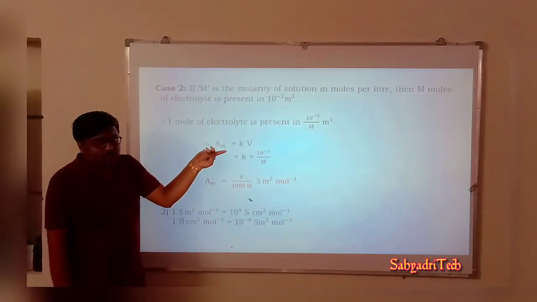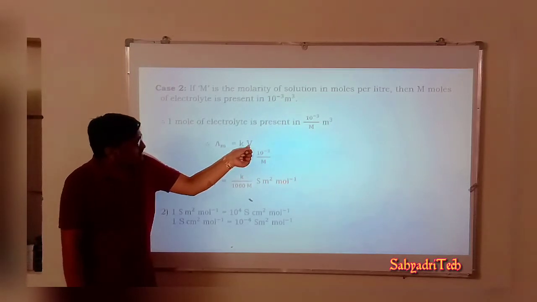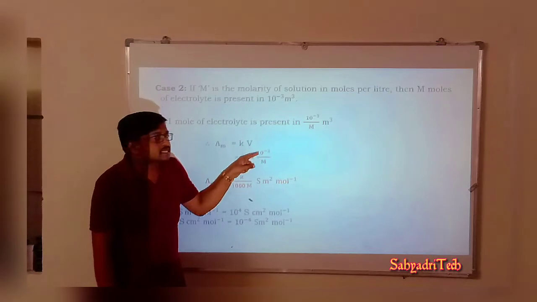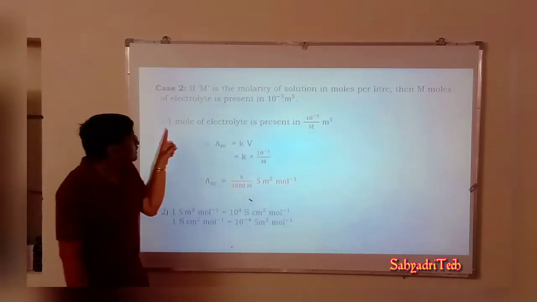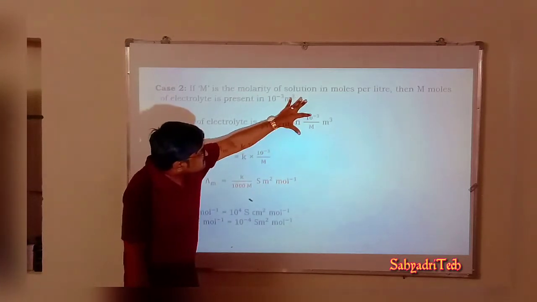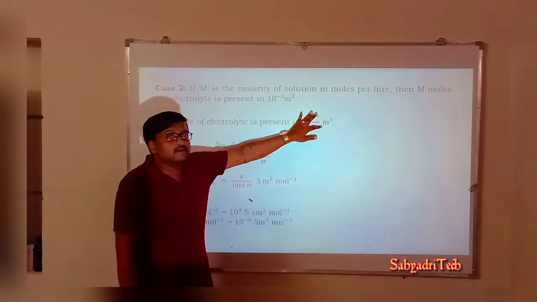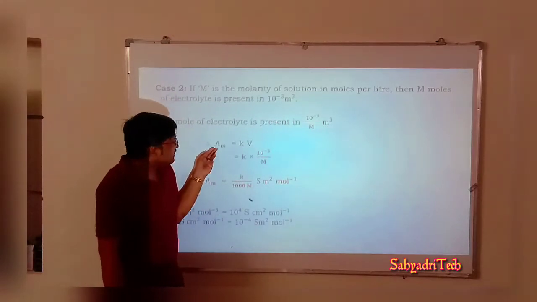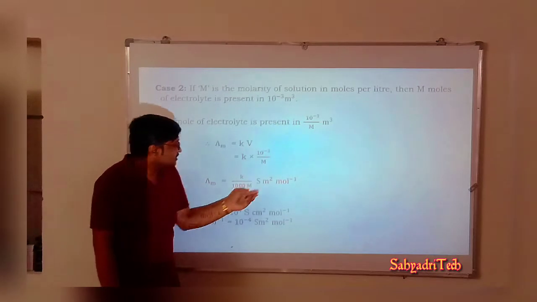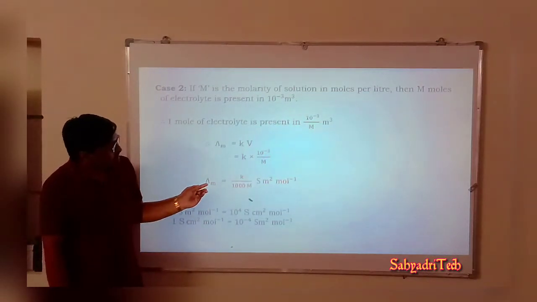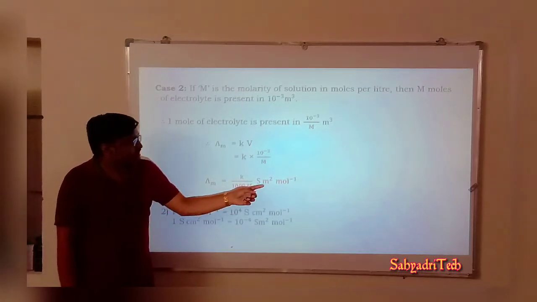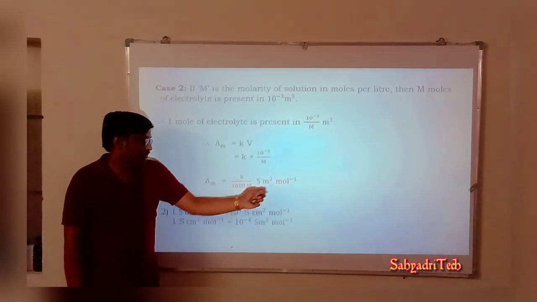Therefore, the general formula we said, lambda m is equal to kappa into V, becomes lambda m is equal to kappa into 10 raised to minus 3 by m. That is, we are looking for 1 mole of electrolyte which is present in 10 raised to minus 3 by m meter cube of a solution. So here lambda m is equal to kappa into 10 raised to minus 3 by m, or else we can say lambda m is equal to kappa by 1000 into m, Siemens meter square per mole.